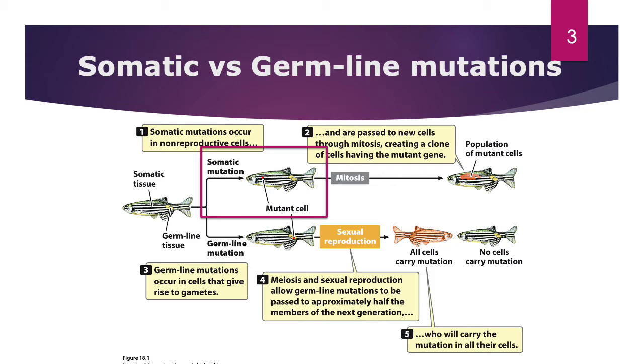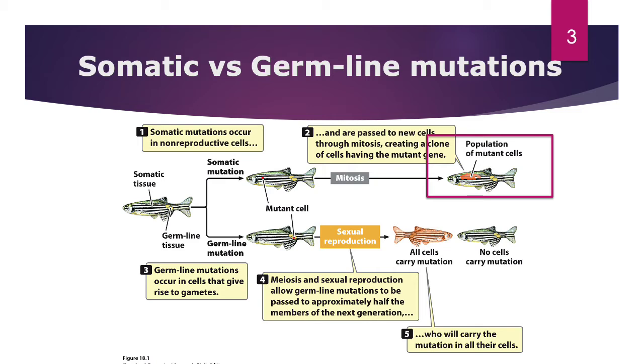When this cell undergoes cell division, the mutation is passed on to the daughter cells, and hence as the fish grows through the process of mitosis, we have a population of cells within the fish that harbor that mutation, and hence we have a collection of mutant cells. These cells are not involved in the formation of gametes and remain within that fish.